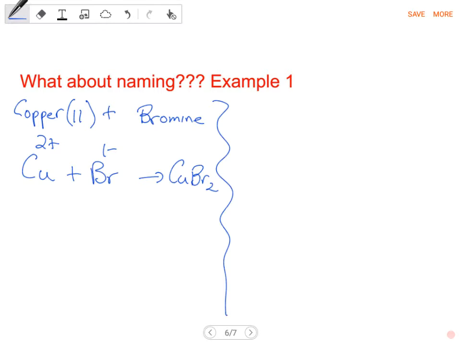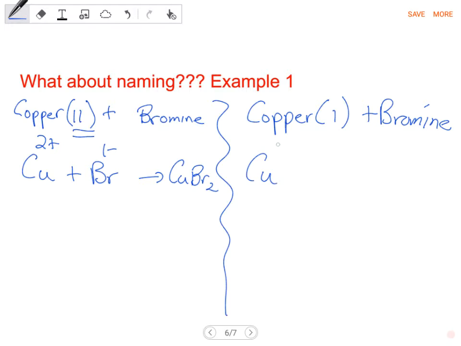Now, the point is here, everybody, when you talk about multivalent ions, you must use Roman numerals to denote which one you're using. They also could do this to you. They could put copper 1 plus bromine. Well, with that being said, you now know which of the charges you have to use. You're using this one. And of course, that's going to change the compound.